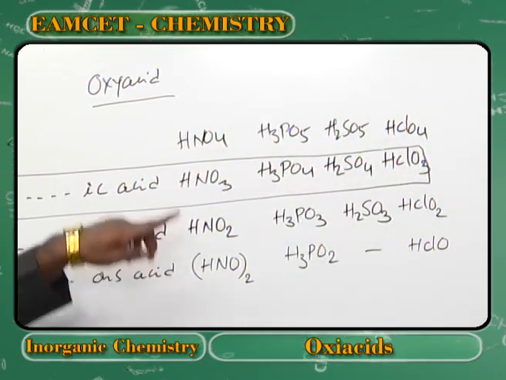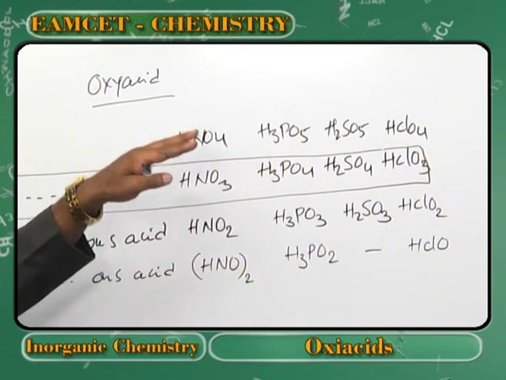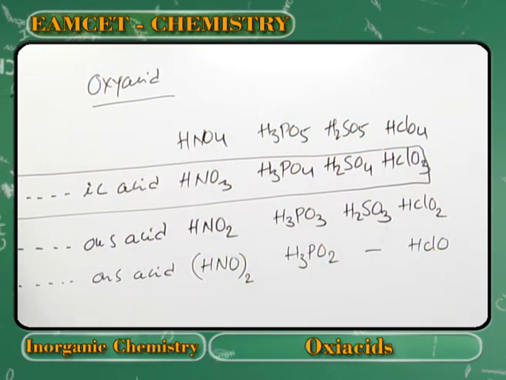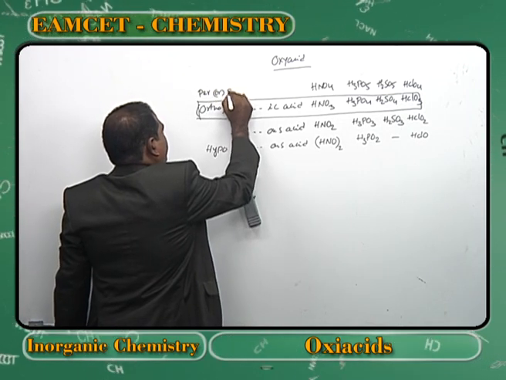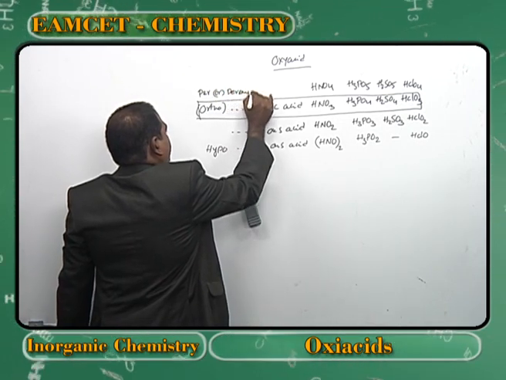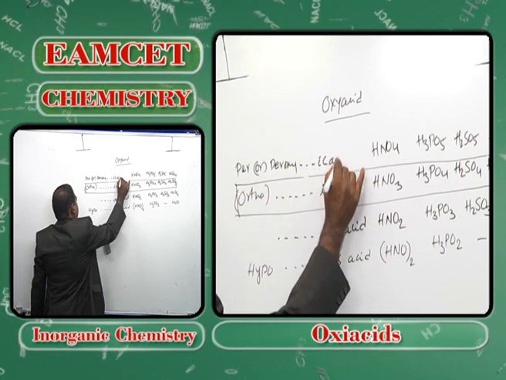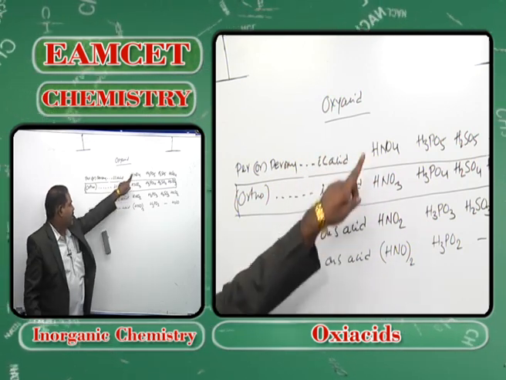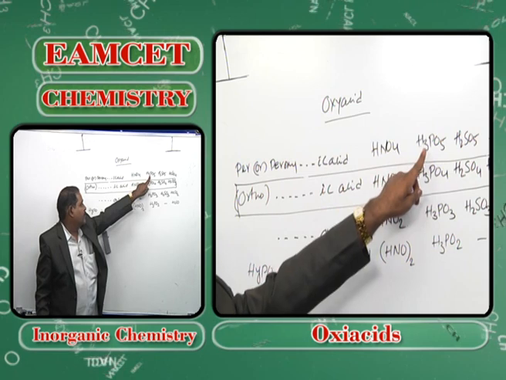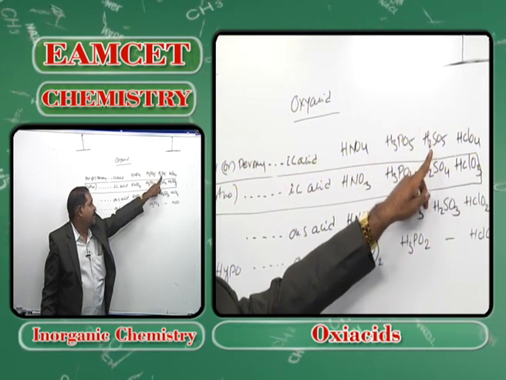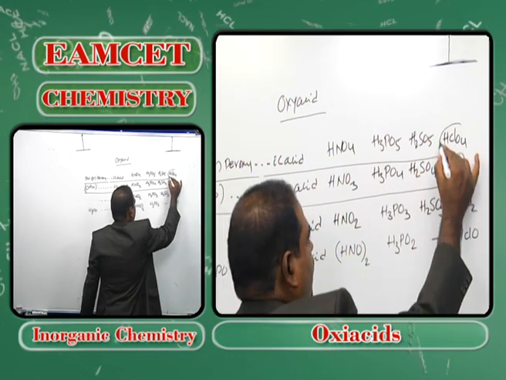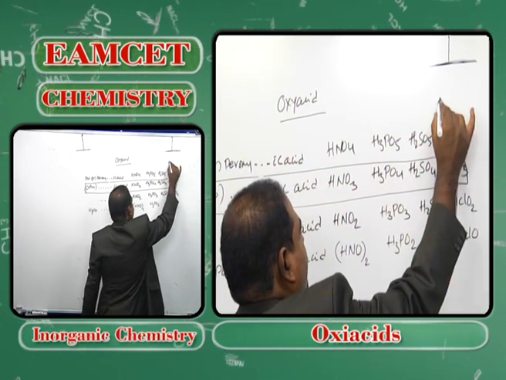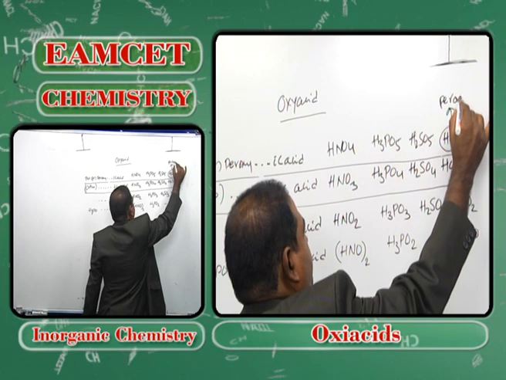So you can see HNO4 is too many oxygens, therefore we call it per or peroxy-ic acid. So this is pernitric acid, perphosphoric acid, persulfuric acid, perchloric acid, and this one is of course per only, per only.